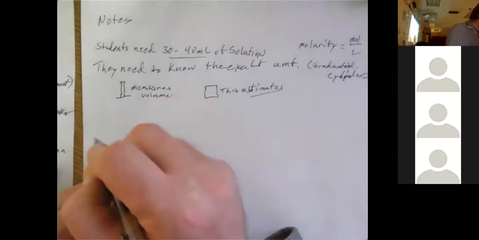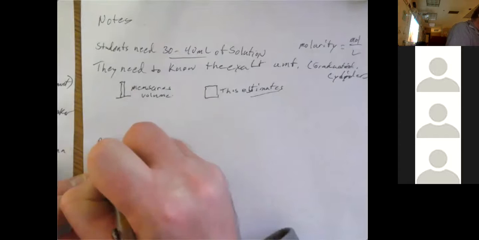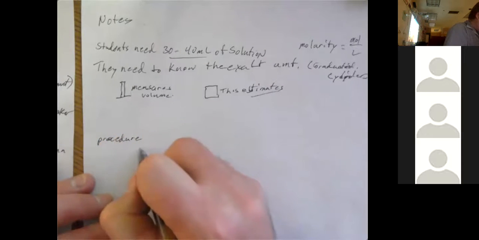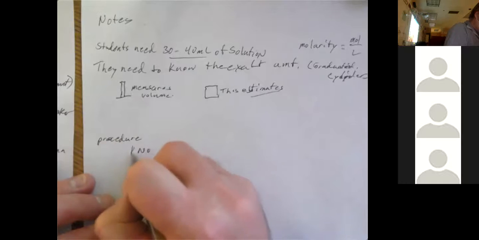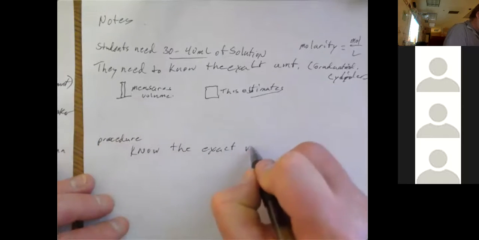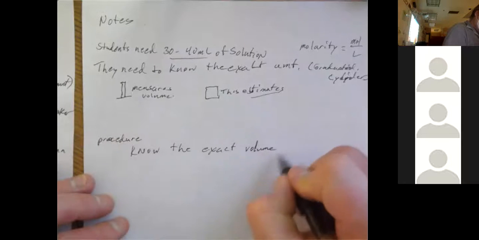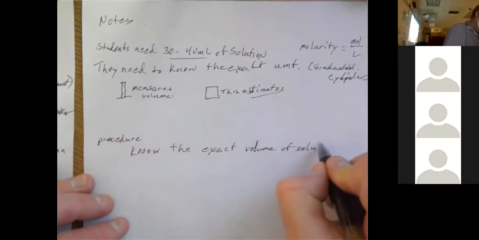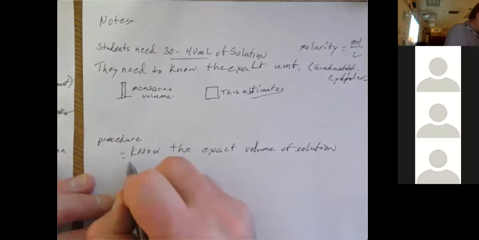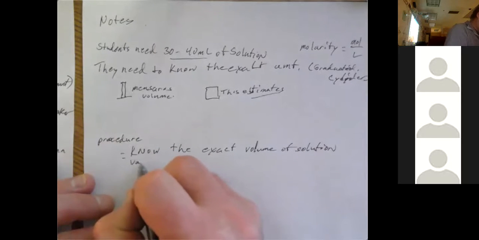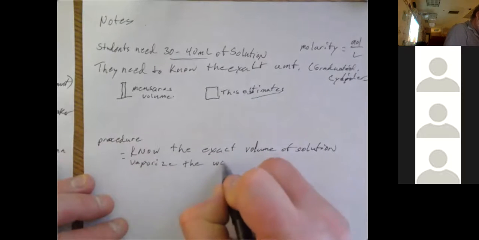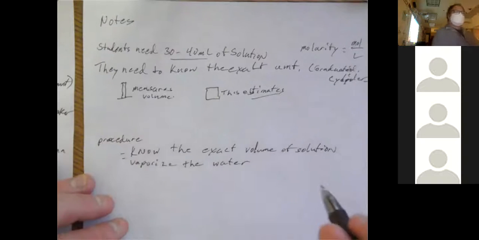Right? So for your procedure, you need to know the volume, the exact volume of the solution. And then once you know that, you're going to vaporize the water. Right?